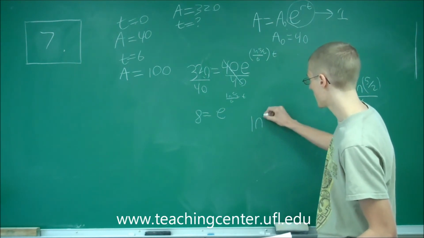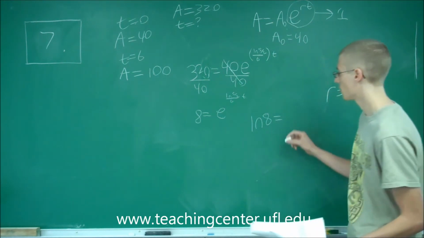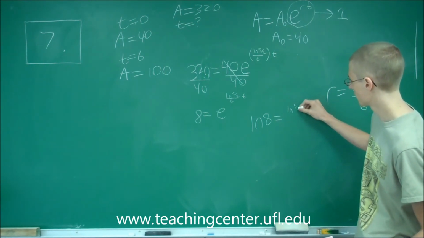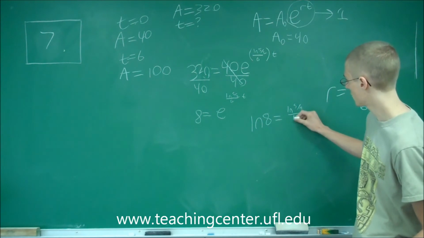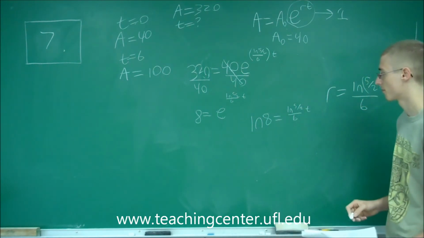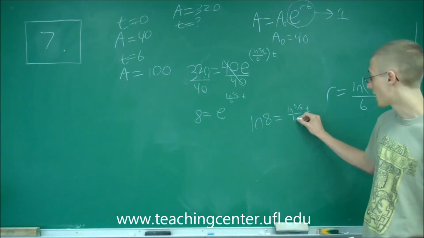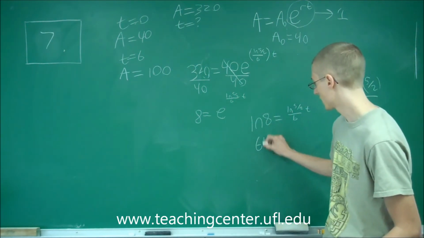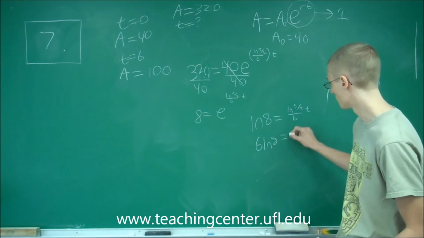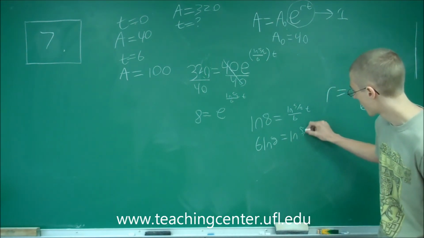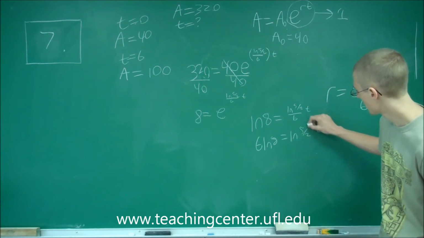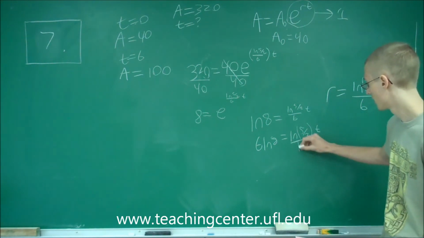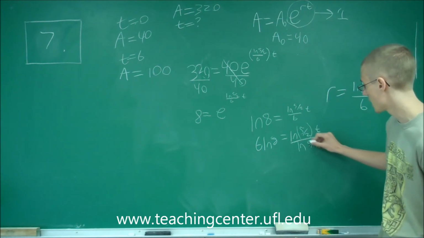So we get the ln of 8 equals the ln of 5 halves over 6 times t. Now we want to multiply 6 over to that side. So we have 6 ln of 8 equals the ln of 5/2 times t. And now we want to divide over ln 5/2. And we're left with t.